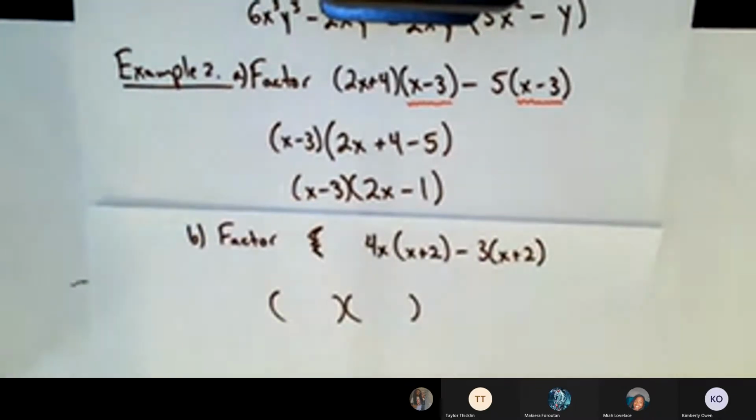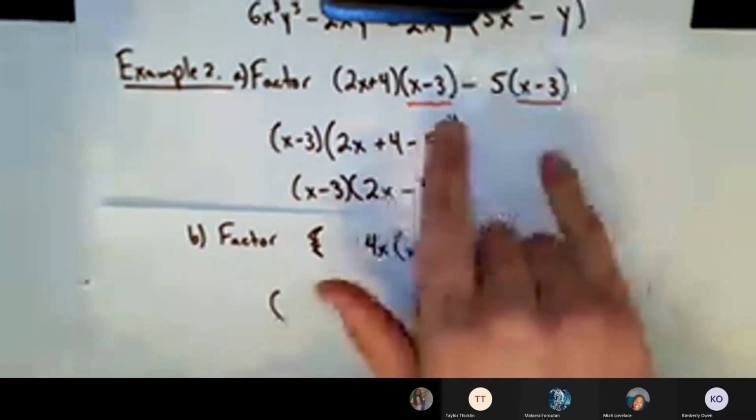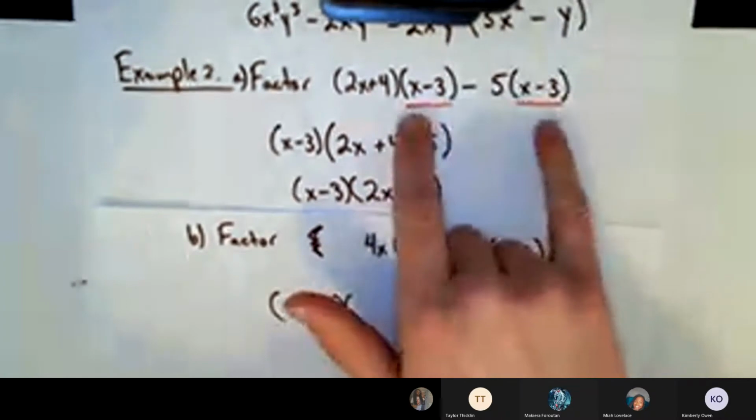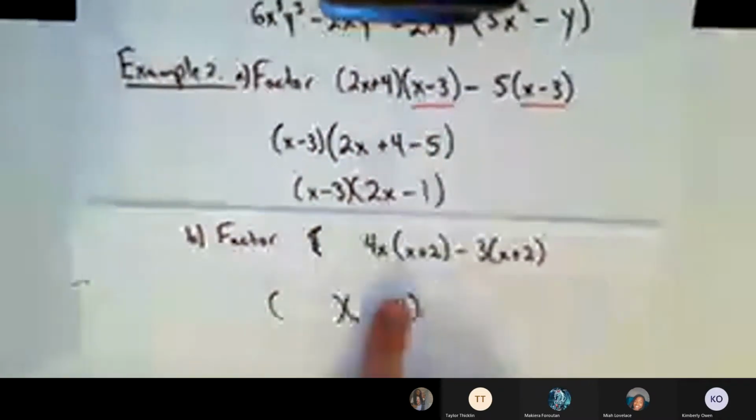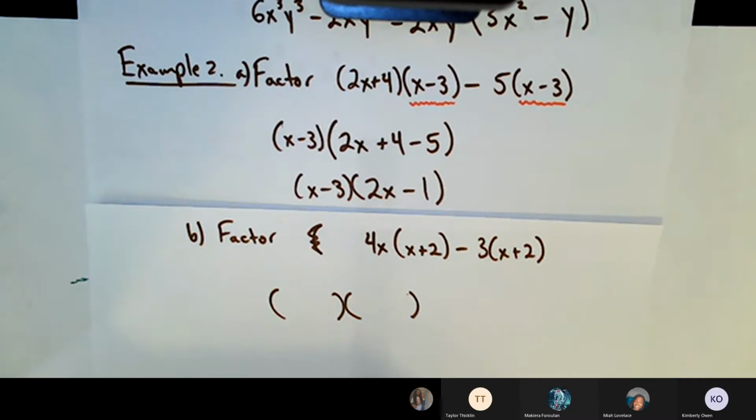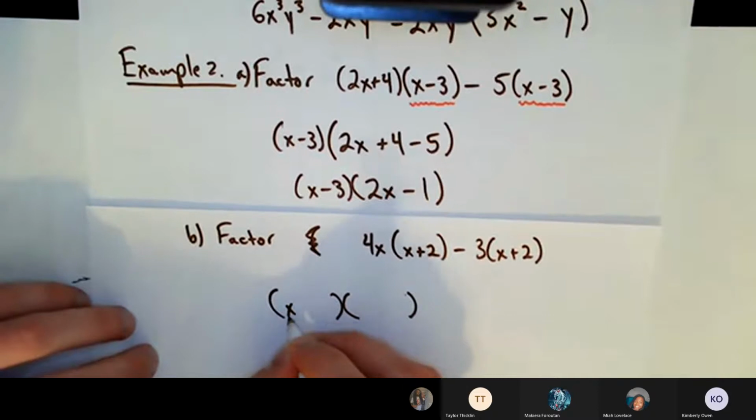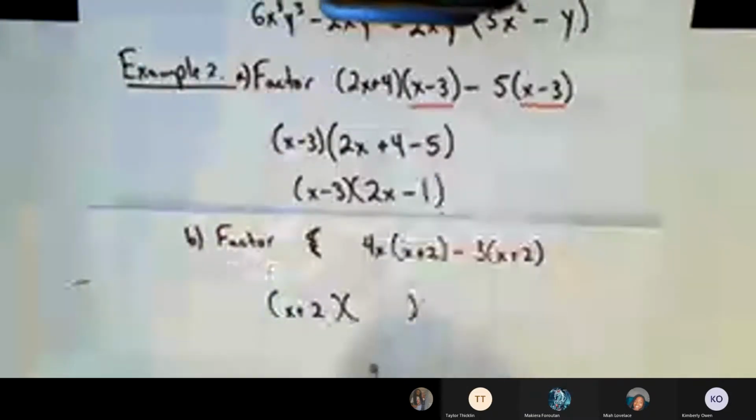Makira, what is the common factor here? Like last time in part A, the common factor was this x minus 3. So what's the common factor in this problem? x plus 2. Right, x plus 2. So that means when we factor it out, we should have an x plus 2 here. And then Maya, what would be left over right here?